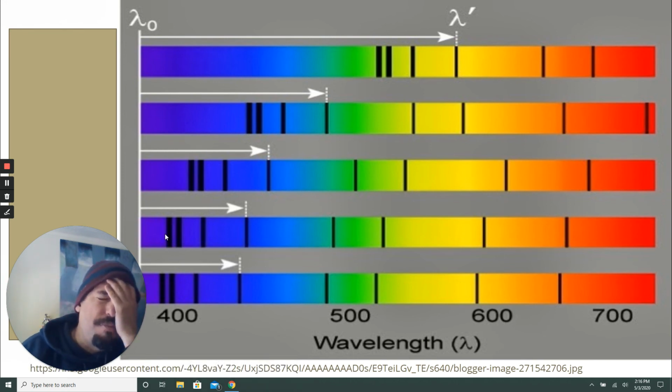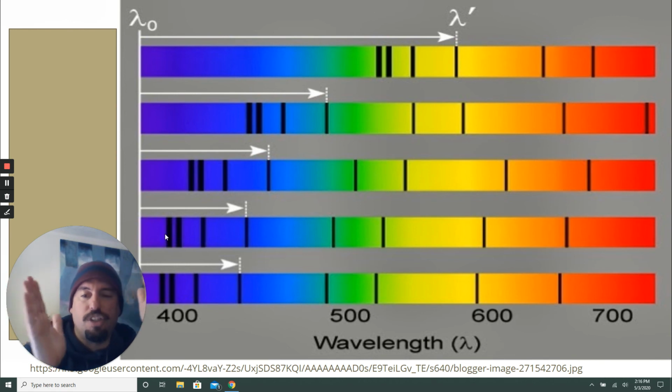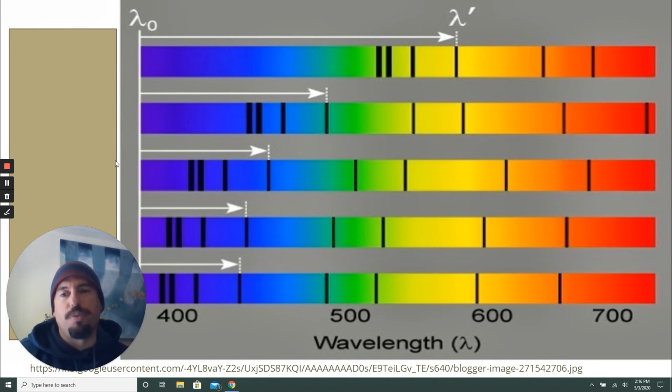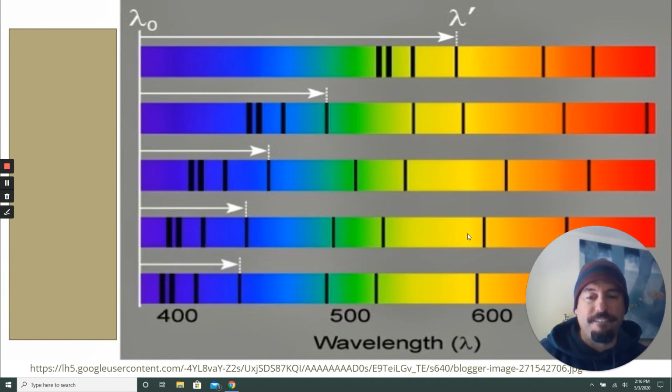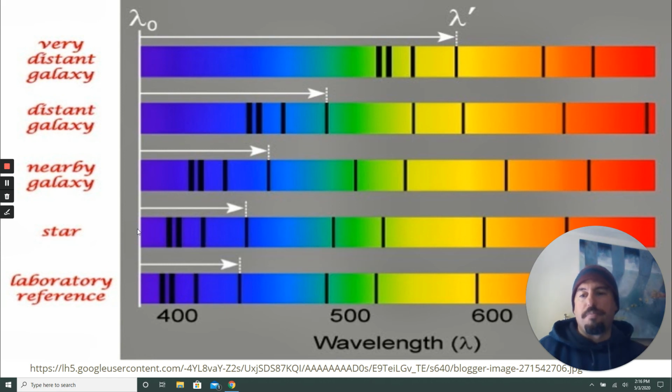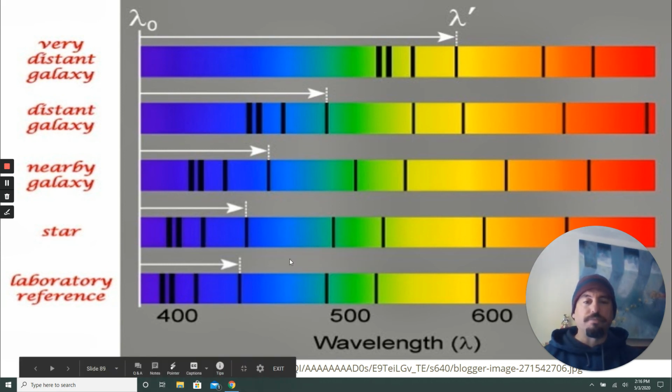Not faster, sorry, away from us. So if things are moving away from us, everything shifts. And so this is one of the reasons we know galaxies are moving away from us, because we see the shift.